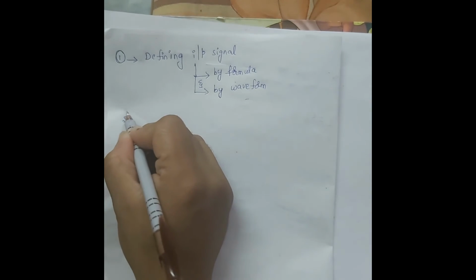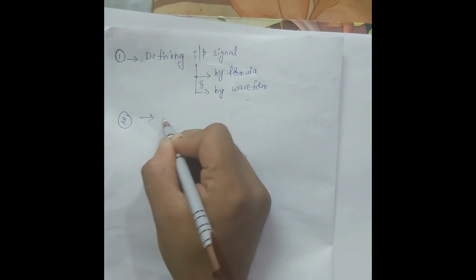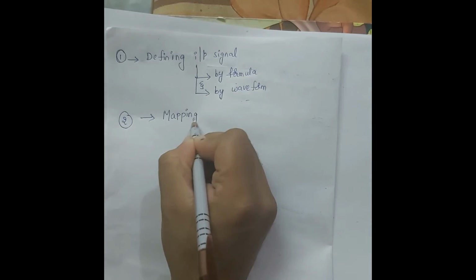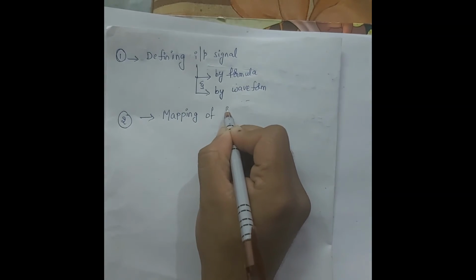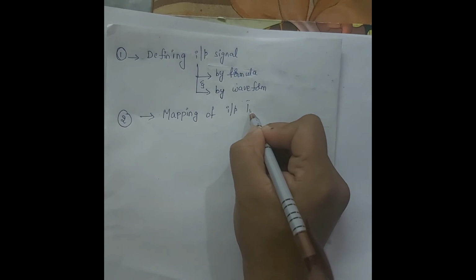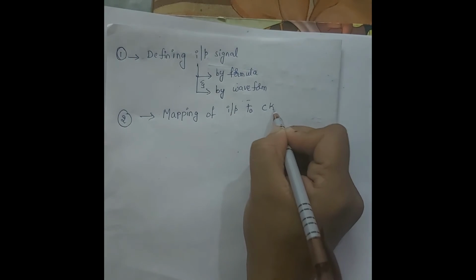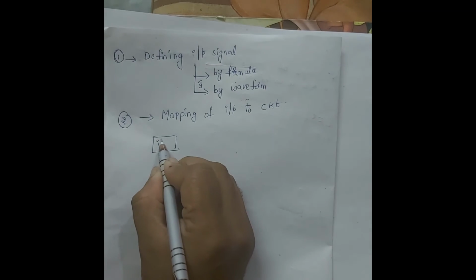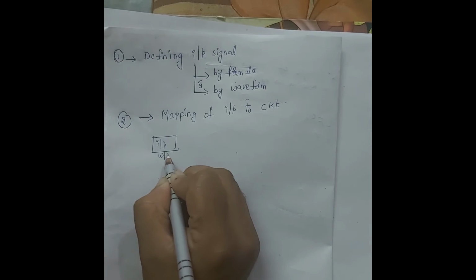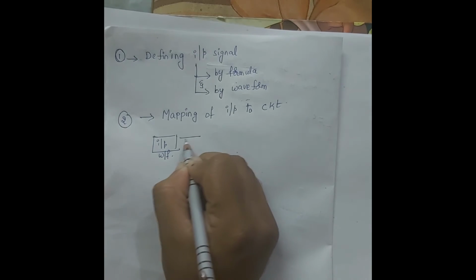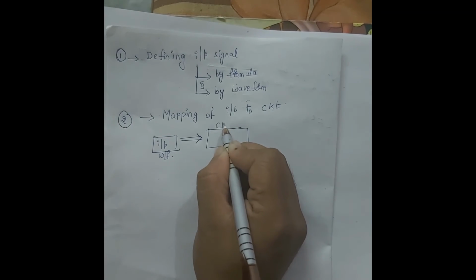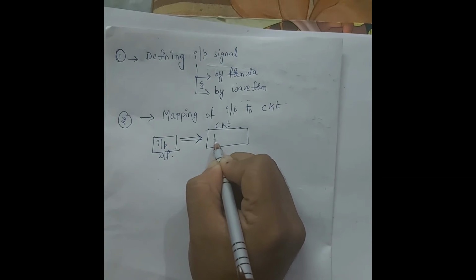So the second step will be mapping of input to circuit. That means here the input waveform diagram will come. This is applied to what? The circuit. Which circuit is this?